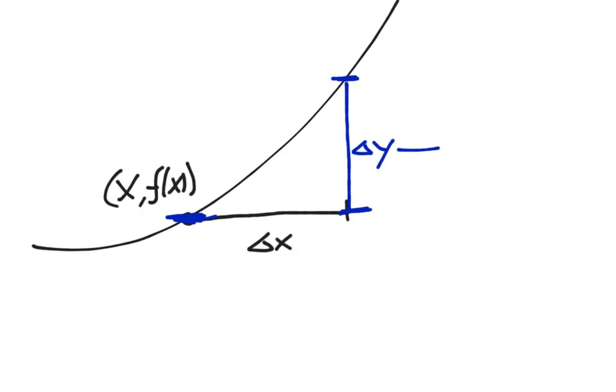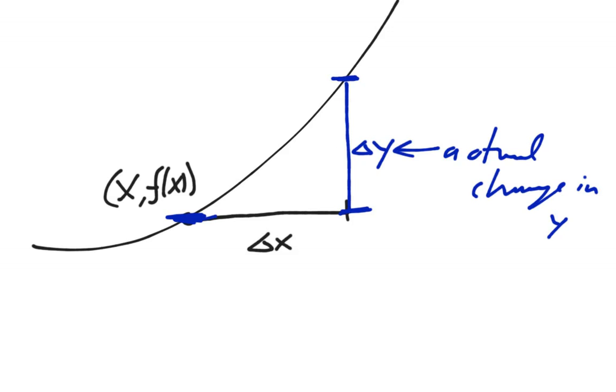And I'm going to say we go out a little bit this way, and this length is going to be delta x, which means that this blue distance is the difference in y values, because I'm taking the original y value and this upper y value, and this is going to be delta y. So delta y is the actual change in y.